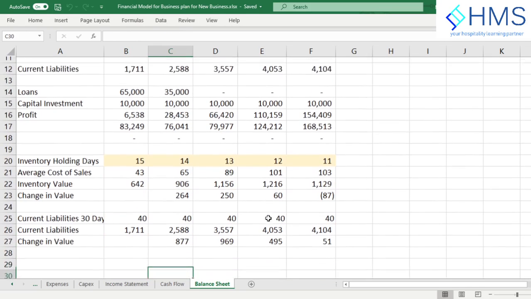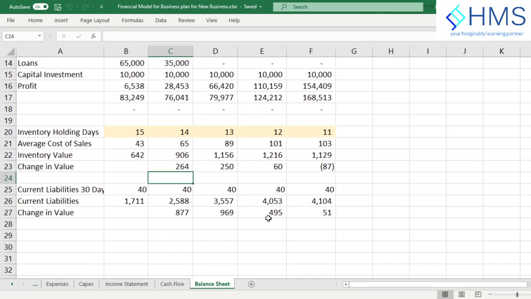And the third error was that we put the inventory values as the total, without any change, because we need to put only the change in the cash balance, not the whole amount.